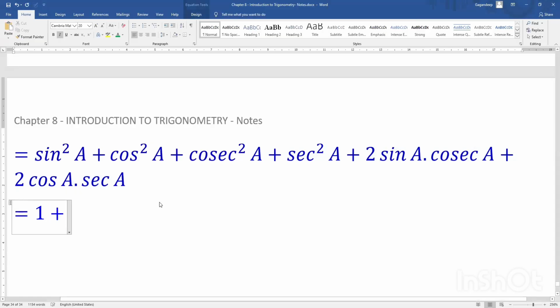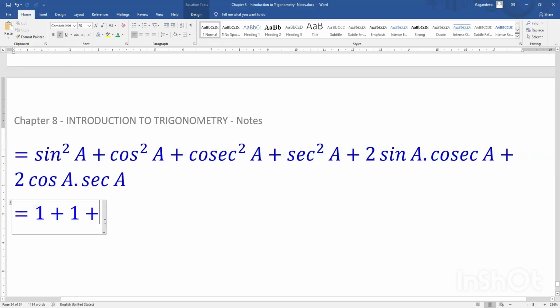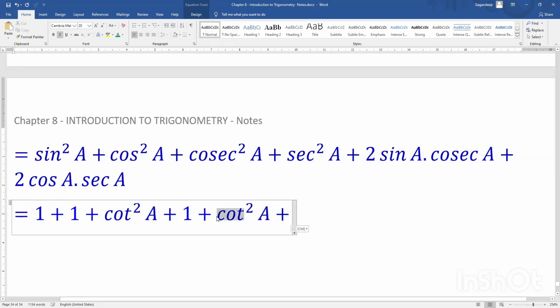So 1 plus this cosecant square A, I can write it as 1 plus cot square A. And then similarly, the secant square A can be written as 1 plus tan square A.